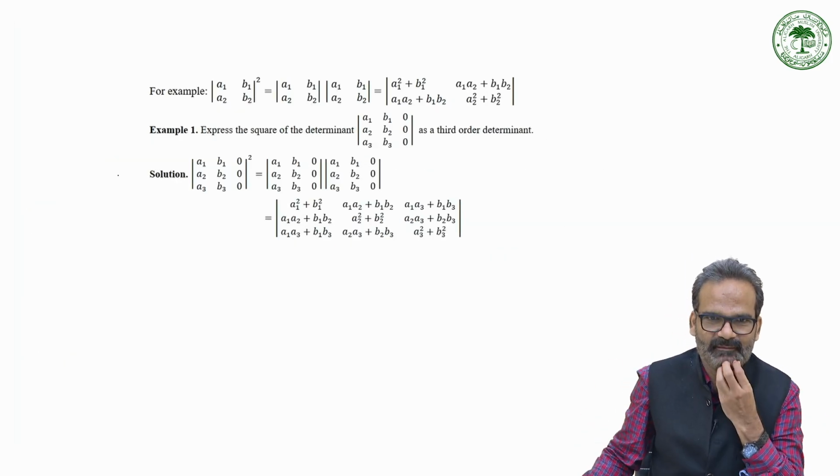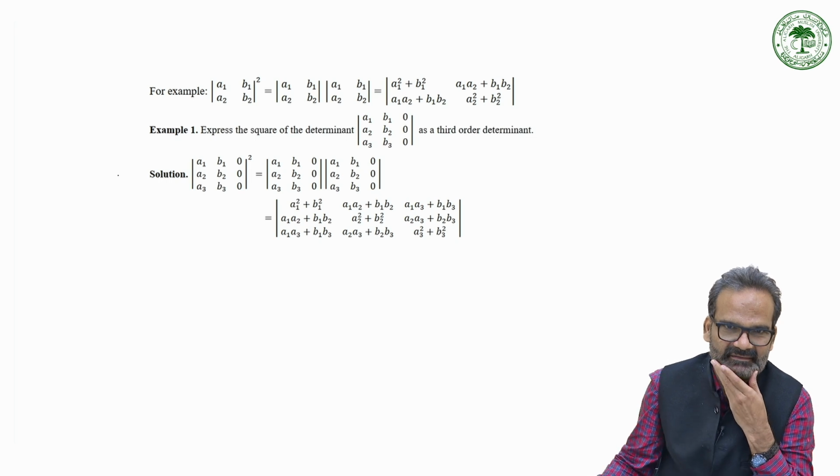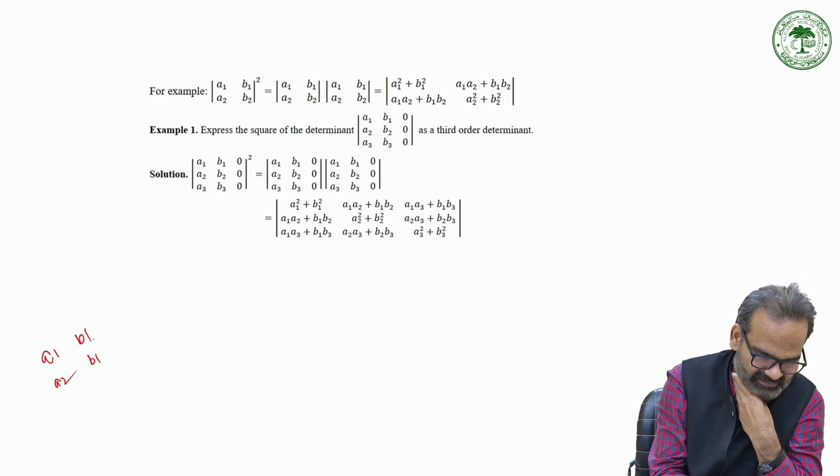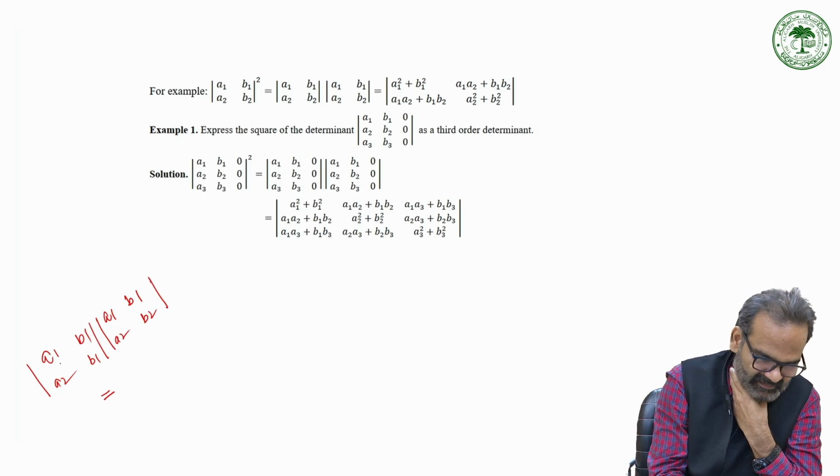Let us take this example: a1, b1, a2, b2, this is a determinant of order 2, and the same is multiplied with the same, a1, b1, a2, b2. So what does this product actually say? The first row should be multiplied with the first row first.